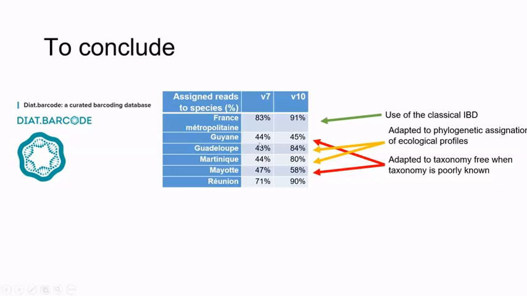In the case, for instance, of French Guiana, where we don't know the taxonomy, where for less than 50% of the sequences we can assign a name, let's forget the taxonomy and go for taxonomy-free. And when we are in between, for instance these French islands, Guadeloupe and Martinique, maybe the best solution would be a hybrid index where we make some phylogenetic assignation.